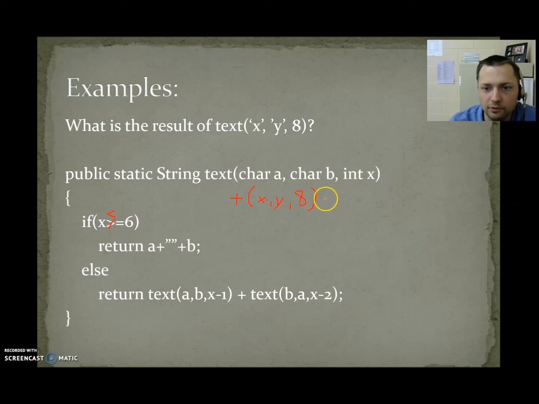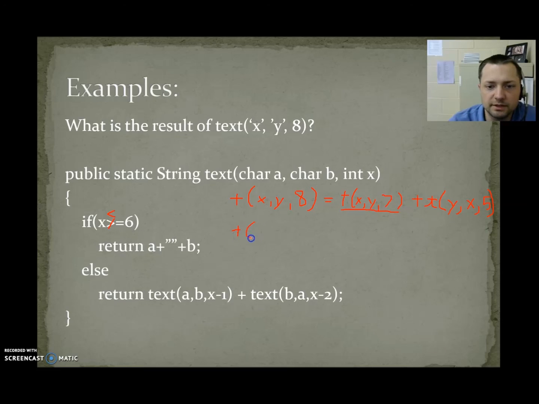No. So what we have to return is a, b, so same data, T(x, y, 7) plus T(y, x, 5), because now they're in the reverse order because we did BA. So first, let's figure out how this one works.